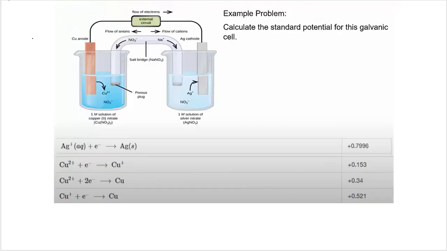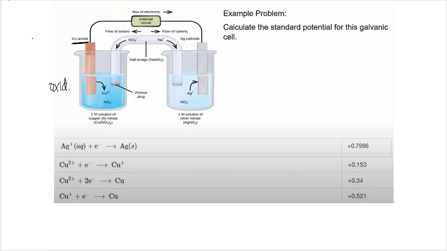Let's look at this example problem. Calculate the standard potential for this galvanic cell. Well, let's see what's happening here. I've got a copper anode, and we know that my anode is my oxidation.